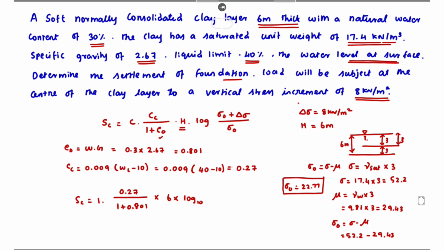The load is only acting on the center of the layer. So log of (sigma naught value 22.77 plus del sigma given, that is 8) divided by 22.77. Now solving this we got the value of Sc equal to 0.087 meter. Now we can convert into mm, that is 87 mm.